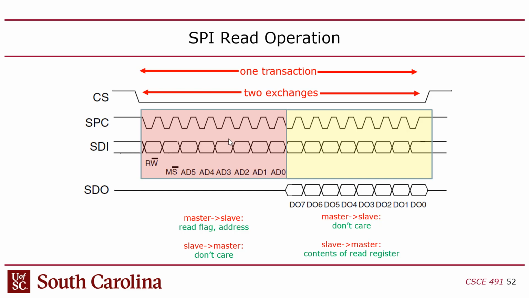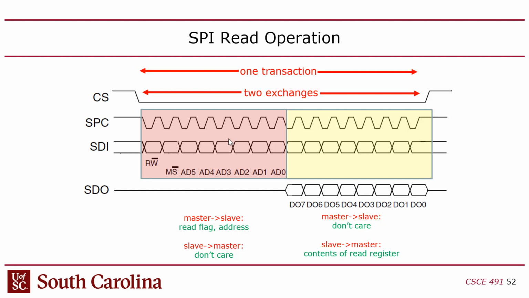You've got more than one register on the slave. You can't expect the slave to decode a register value before you actually send it the address of the register. So as a result, there have to be 2 exchanges, and the functional utilization of the bus is only 50%, because we don't use 1 bit line on the first exchange and we don't use 1 bit line on the second exchange.